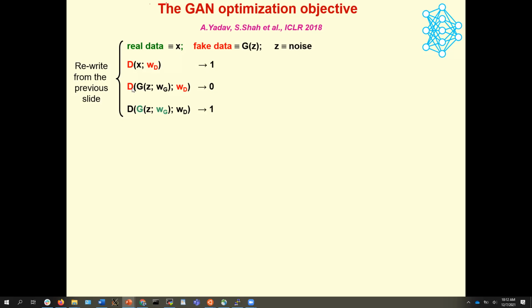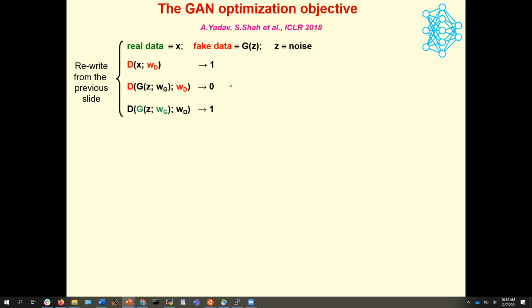When we train a discriminator on fake data, the fake data will be Z, where Z is noise, we want to output 0. And the GAN is discriminator, then generator. And when we train the GAN on fake data, then we want it to output 1.